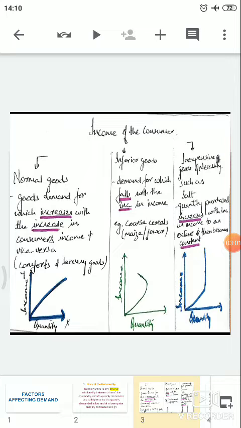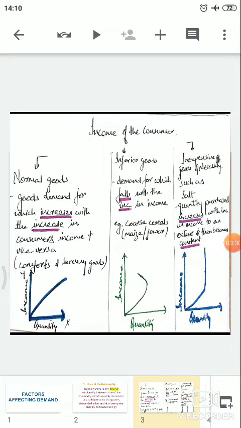You can see here in the graph, the x-axis represents the quantity and the y-axis represents the income. So here, to an extent, when the income is increasing, you can see that the curve is upward sloping. That means here, till an extent, with the increase in income, the quantity demanded for the inferior goods would increase. But after a certain point, you see that with the increase in income, the quantity demanded for inferior goods falls.